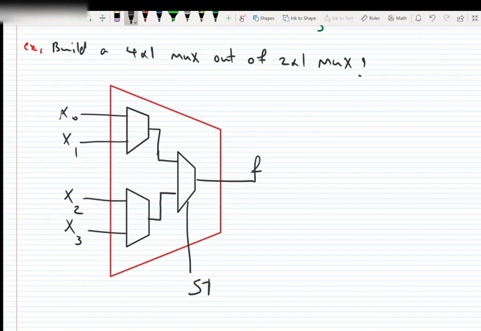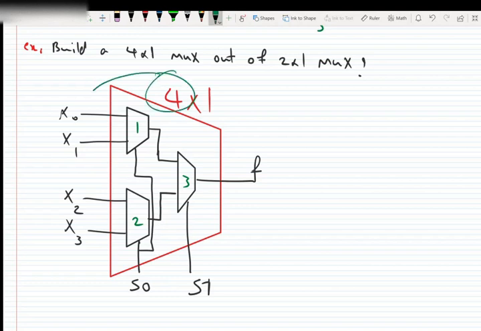And of course we have S0 here, which is connected to the first 2 multiplexers. So let's label these multiplexers 1, 2, 3, and the entire design is a 4x1 multiplexer.